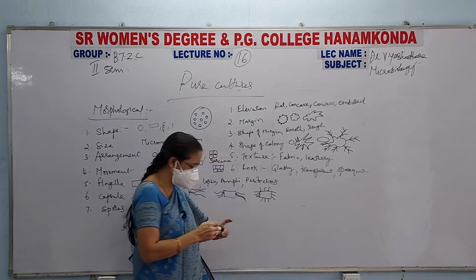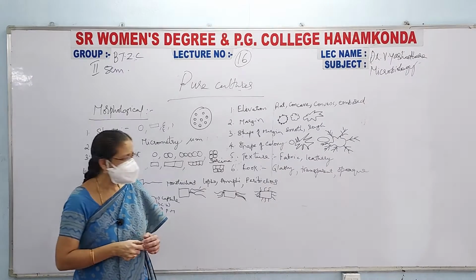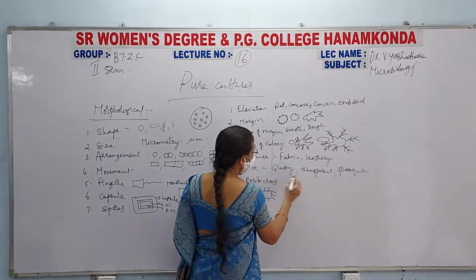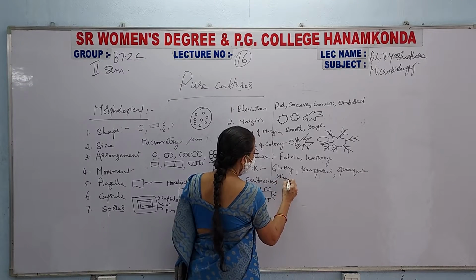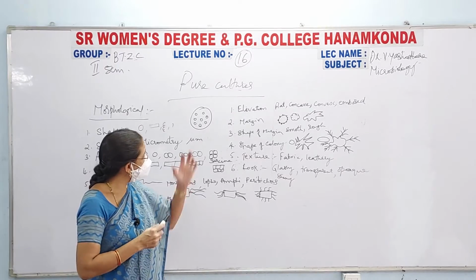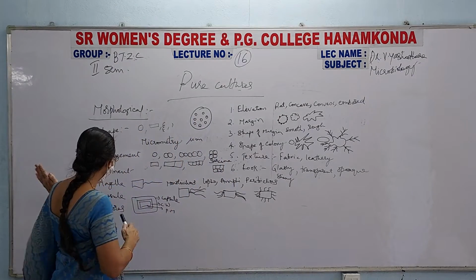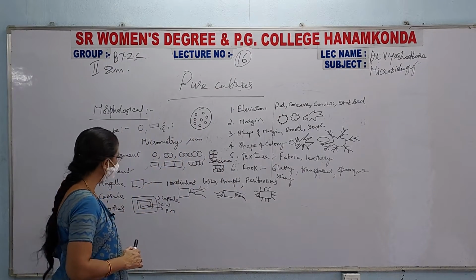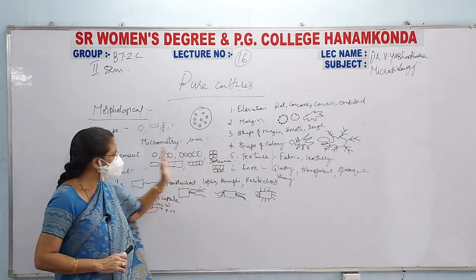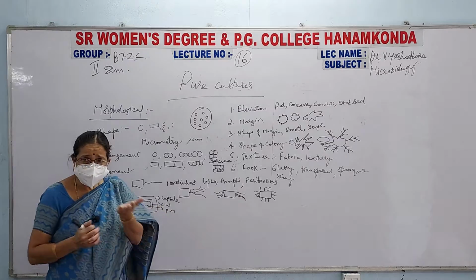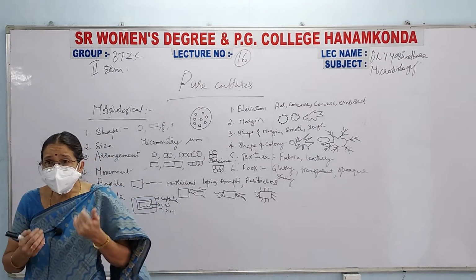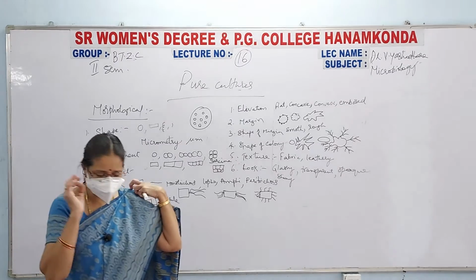It gives the appearance of glassy, shining, glossy, transparent or opaque. By looking at the surface only you can give these many characteristics. See here, 7 plus 6 means 13 to 14 characteristics. By looking at the organism you can identify it, simply by observing the structures.